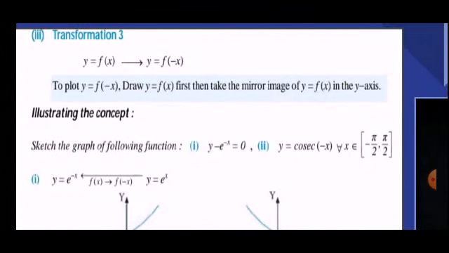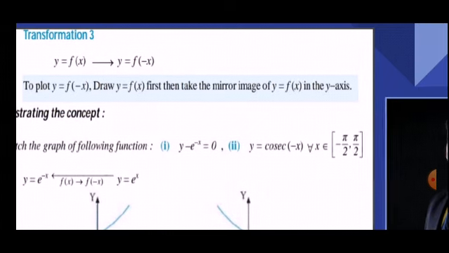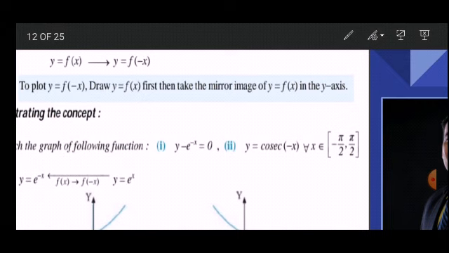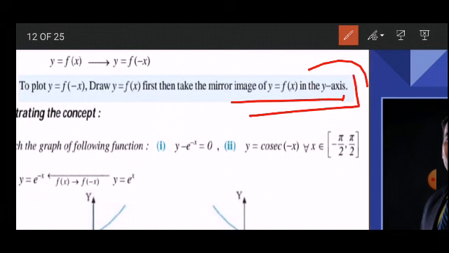How to see? To plot f(-x), draw y equal to f(x). Then take the mirror image of y equal to f(x) in the y-axis. This part we have to do over here.